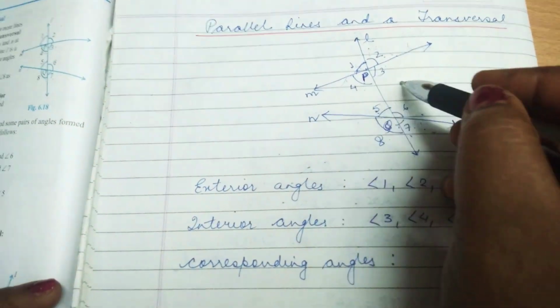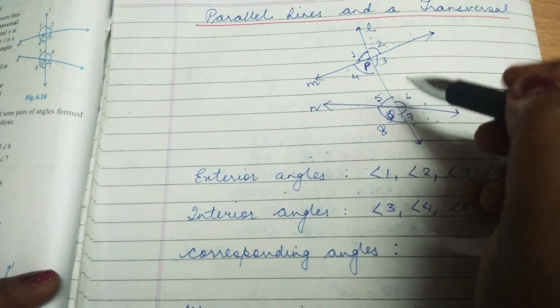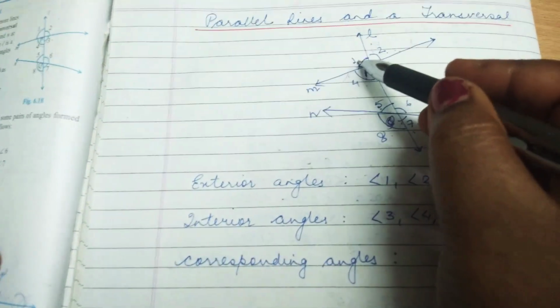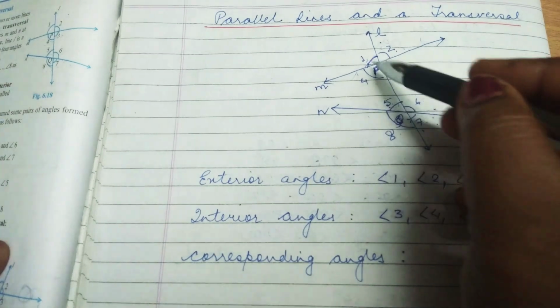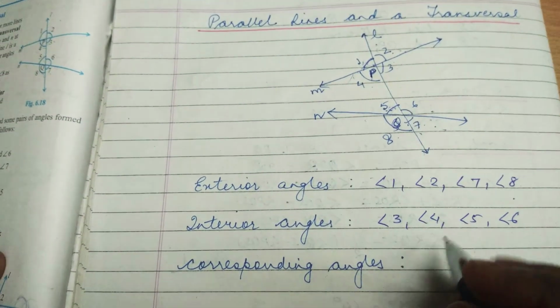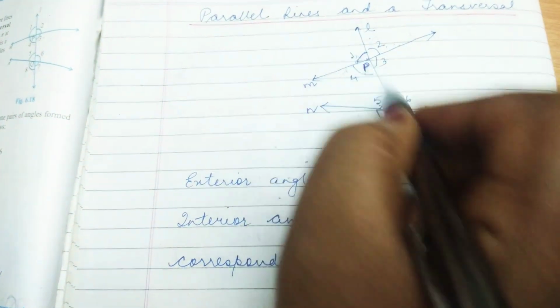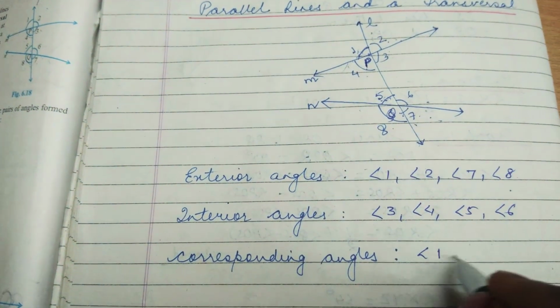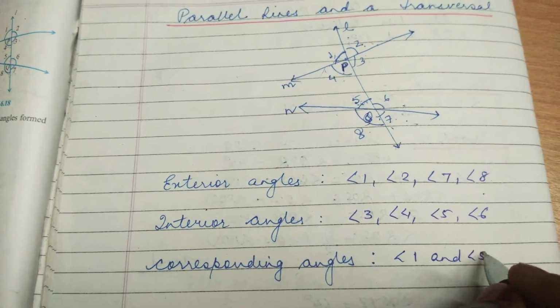Now what are the corresponding angles in this figure? What do you find? Angle 1 and angle 5 have the same position, which lies at the same place on both the lines, so they are corresponding angles.